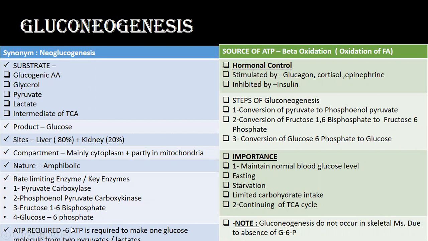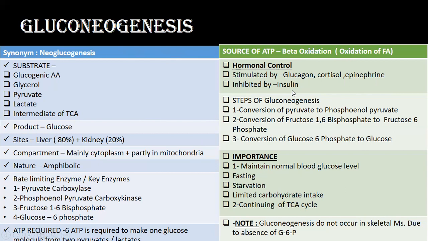The ATP required is 6 ATP to make one molecule of glucose from 2 pyruvates or 2 lactates. Just remember, we need only 6 ATPs. Its energy source is beta oxidation. Hormonal control: it is stimulated by glucagon. We have already seen how it is stimulated, by cortisol and epinephrine, and inhibited by insulin.